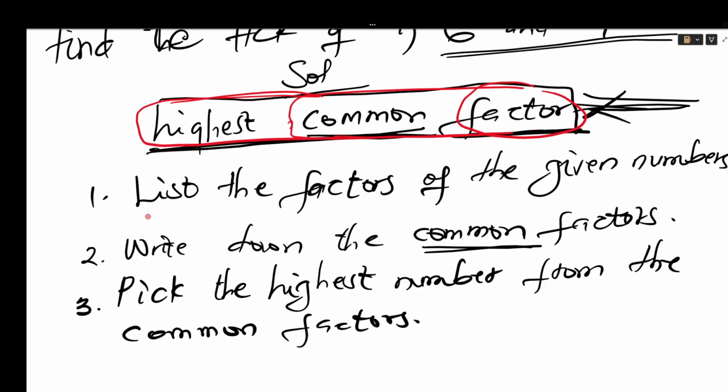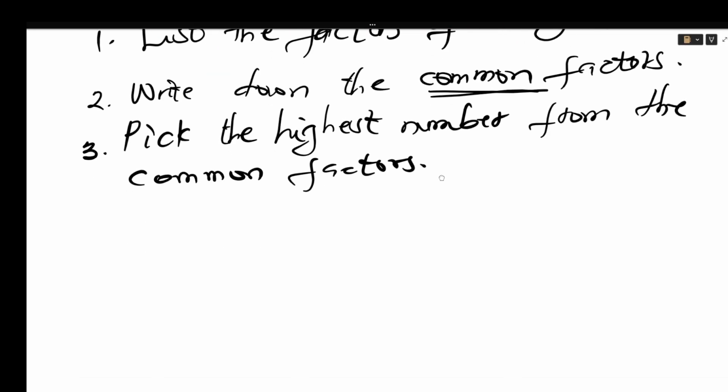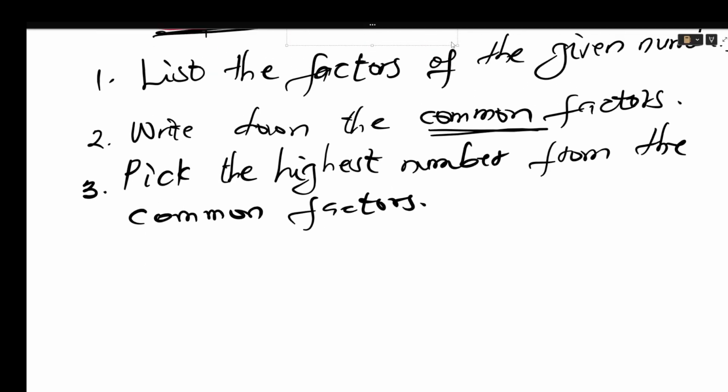So the first step is to list the factors of the given numbers. Our given numbers are 6 and 9. Let me keep the steps up here so that we refer to 6 and 9. Let's list the factors of 6.